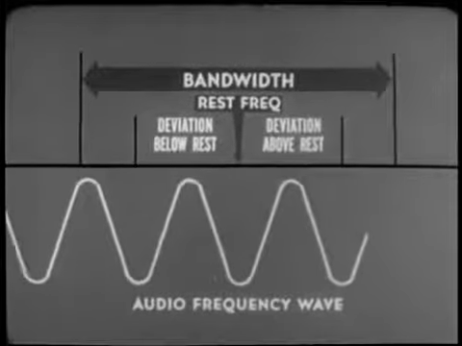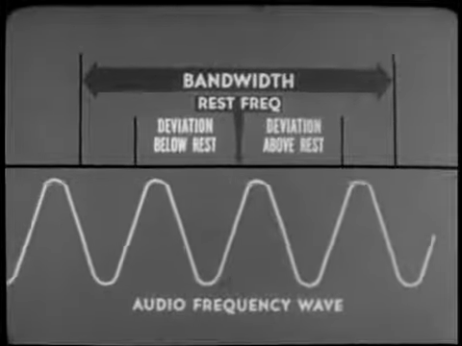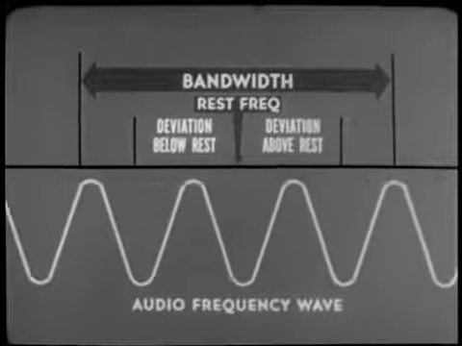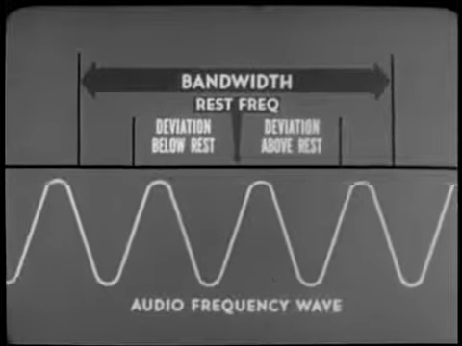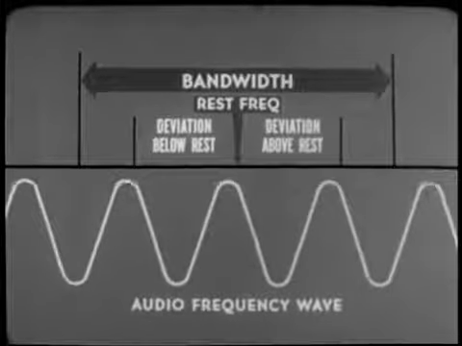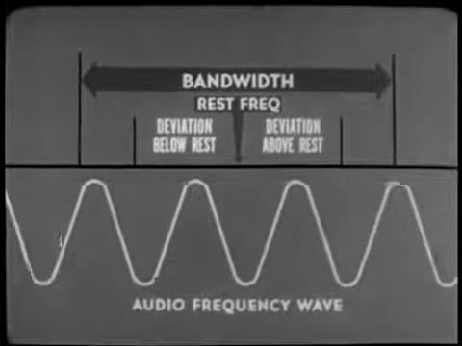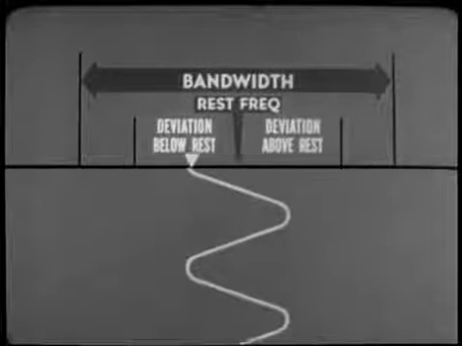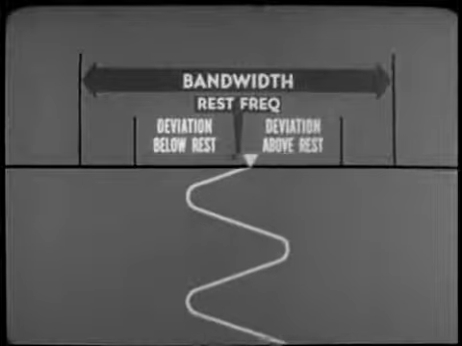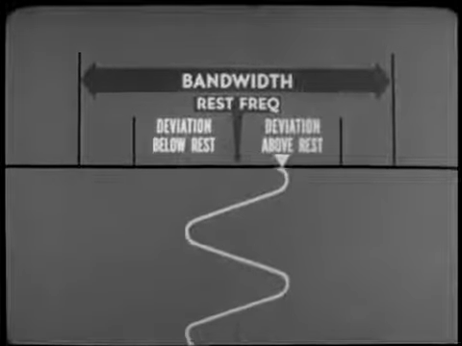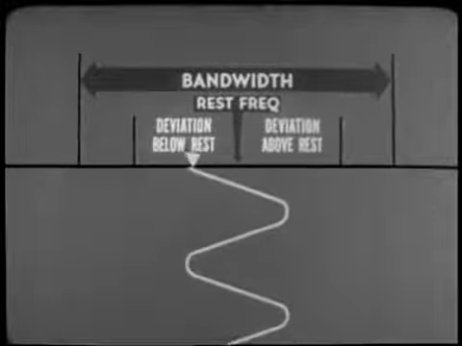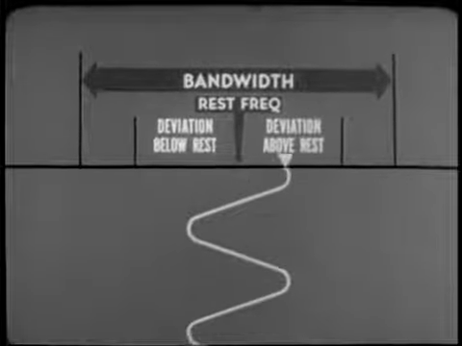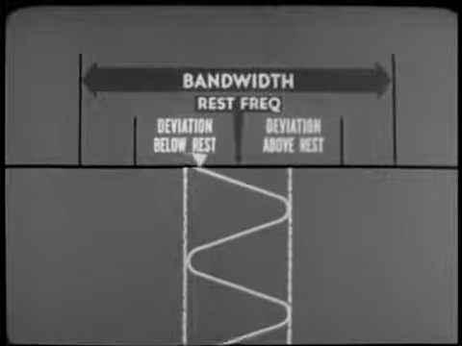Ordinarily, an audio frequency wave is visualized horizontally like this. But in order to see more clearly its modulating effect on the carrier, let's shift it about and direct it at the channel. Notice that the amount of deviation above and below rest frequency is determined by the amplitude of the modulating signal.